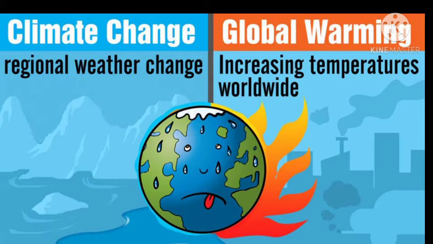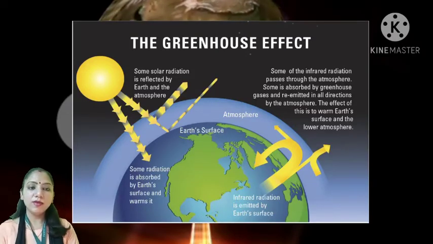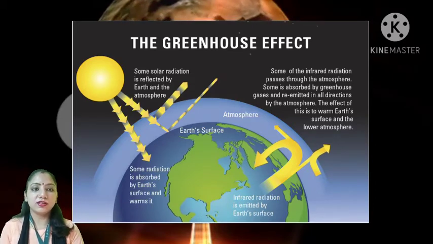So now let's see what global warming is, how it is influencing our climate and how it is responsible for climate change. Global warming is a responsible factor which is influencing our climate.